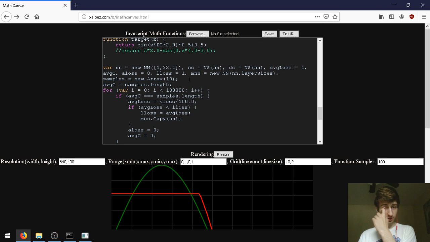Calculates the average loss by doing a loss. I'm going to need to set this up then as some really high number. Divided by samples.length. Then I should clamp this at 1 as well.